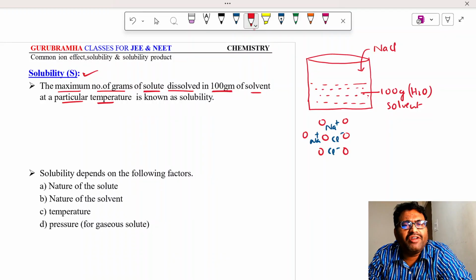It will not be infinite intermolecular space to dissolve an infinite amount of salt. As there is a particular intermolecular space, only a particular amount of NaCl can be dissolved in this.